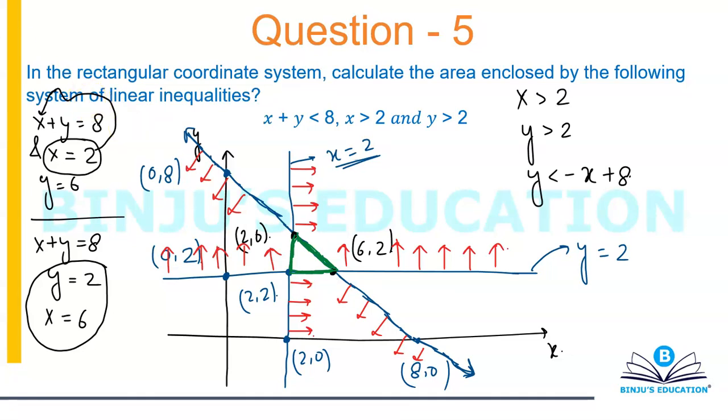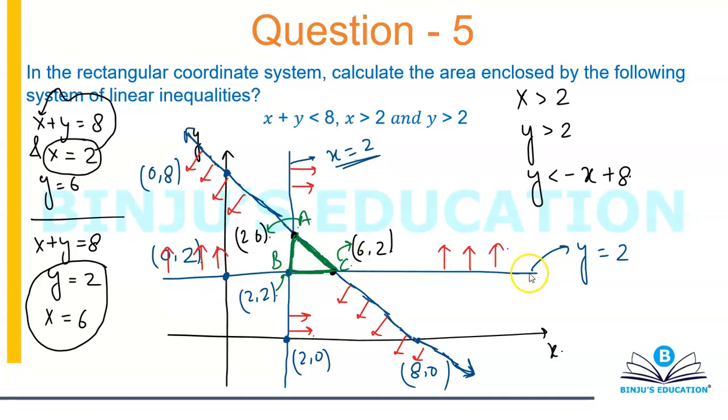Now I'm going to remove these couple of arrows. Now let's name this triangle A, B and C. You can see that coordinate of A is 2 comma 6, coordinate of B is 2 comma 2, and coordinate of C is 6 comma 2.